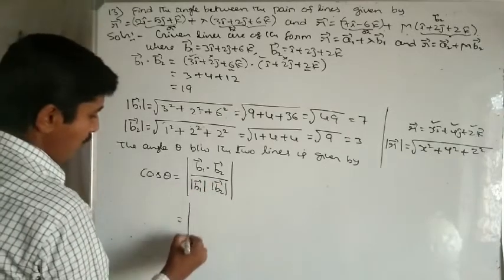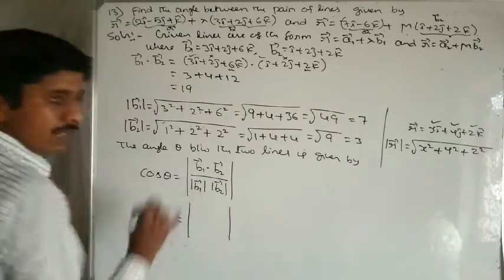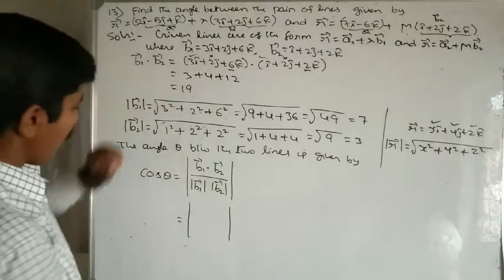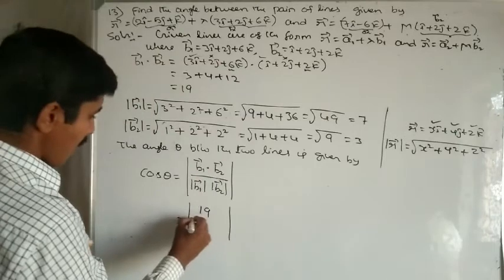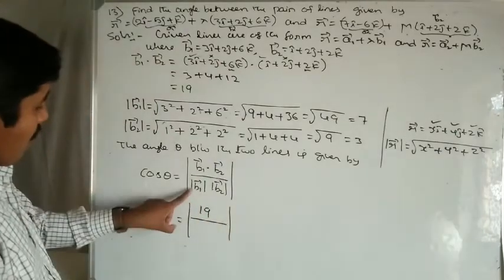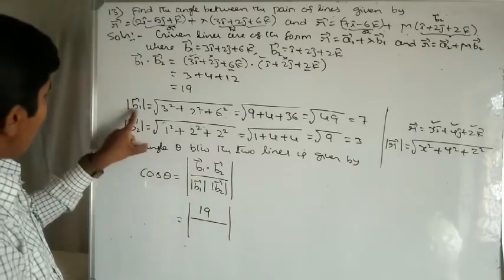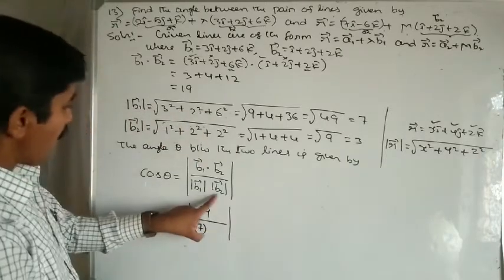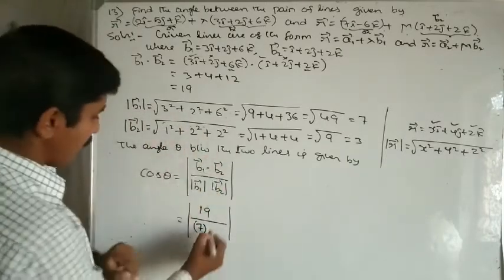Here substitute the values: b1 dot b2 value is 19, divided by the magnitude of vector b1, value 7, and magnitude of vector b2, value 3.